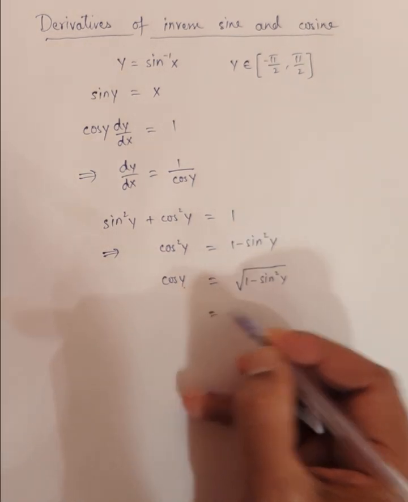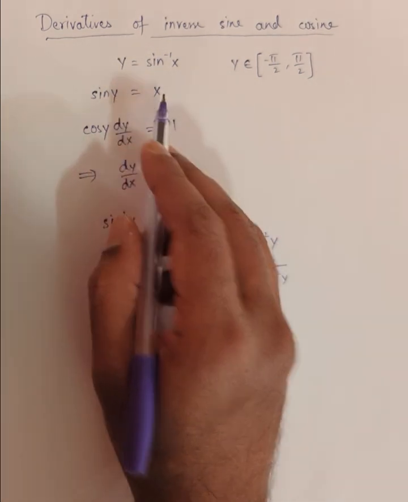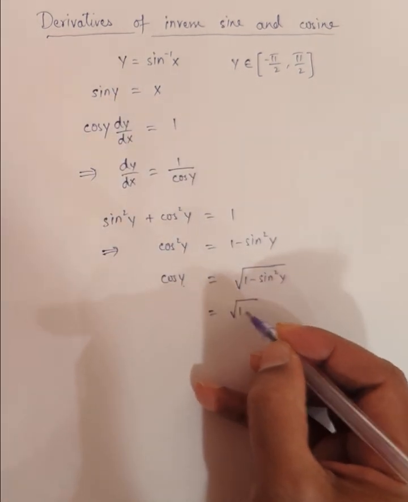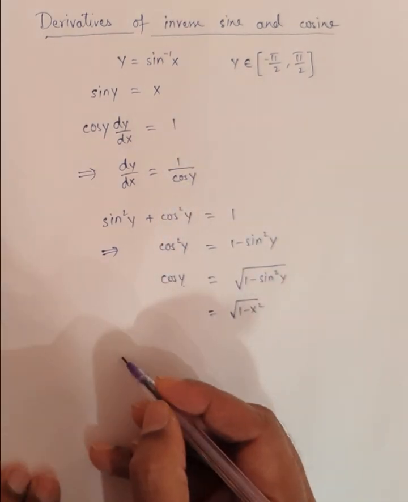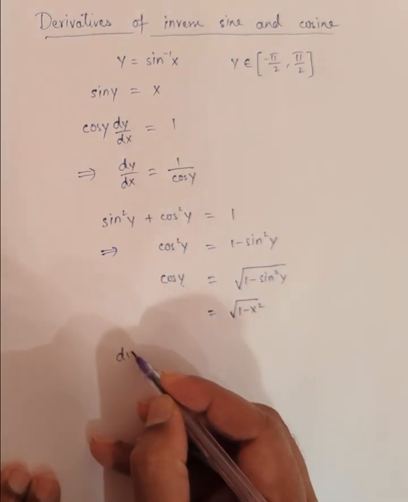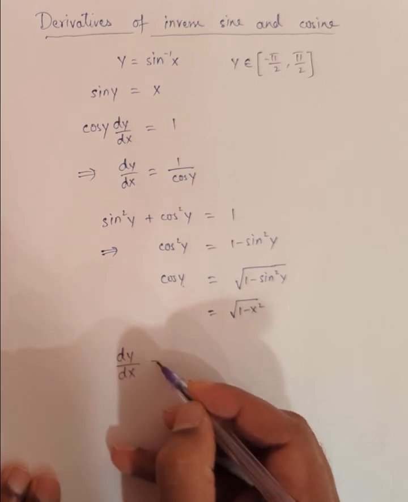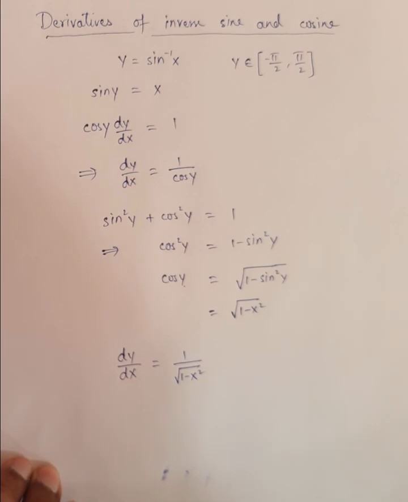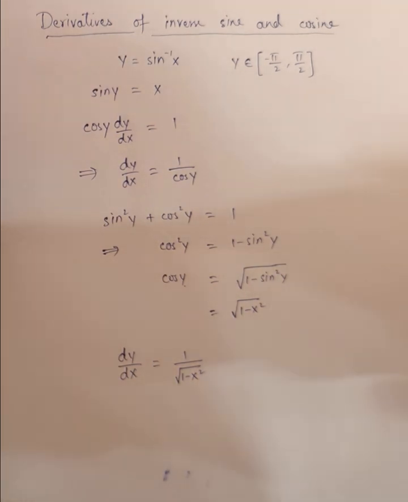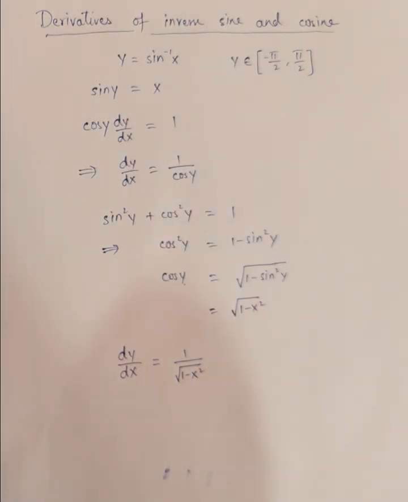So this is going to be, now sine y is x, so I'm going to have the square root of 1 minus x square. So that's my derivative. What is dy over dx? It is 1 over the square root of 1 minus x square. So that's the derivative of sine inverse x.